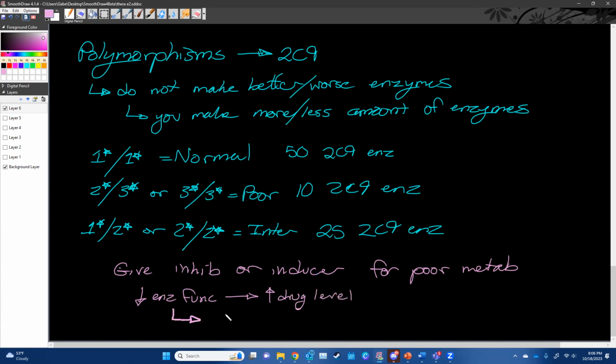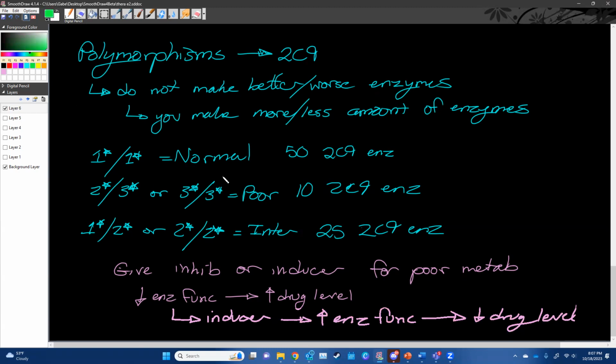If we give an inducer, this will increase the function of the enzyme, which will decrease drug levels. Very nice.